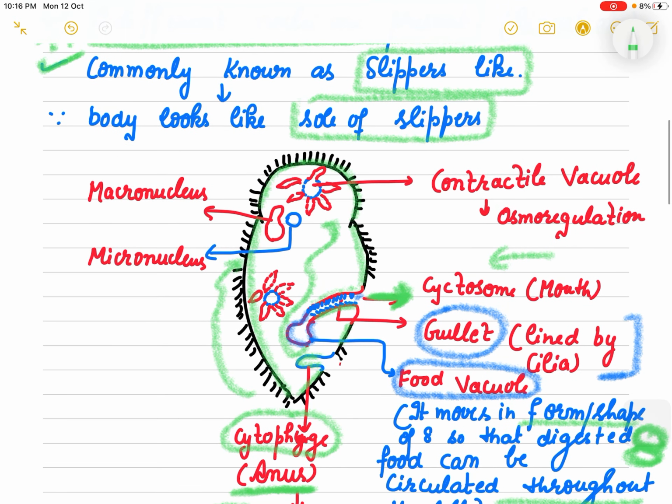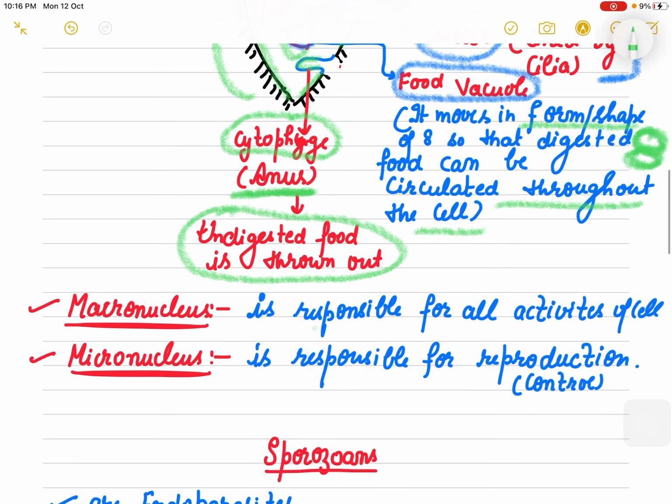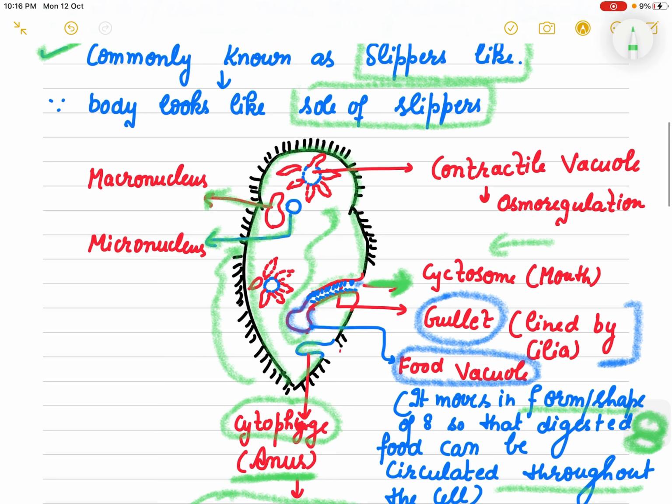Then I told you that they have two kinds of nucleus. One is bigger, which is the macronucleus, and another is smaller, which is known as the micronucleus. The macronucleus regulates all the activities of the cell, and the micronucleus controls the reproduction part. Then there are contractile vacuoles.